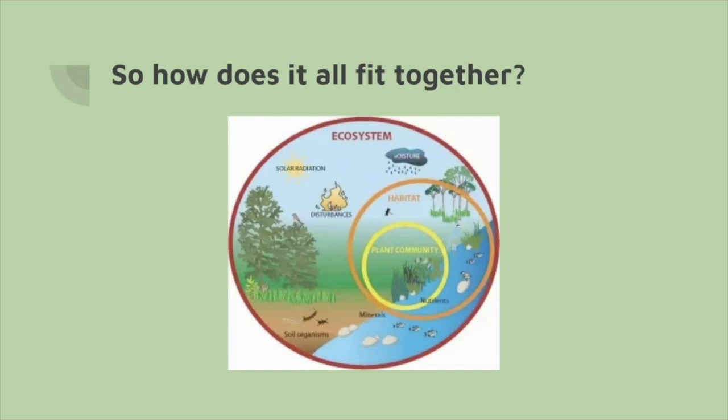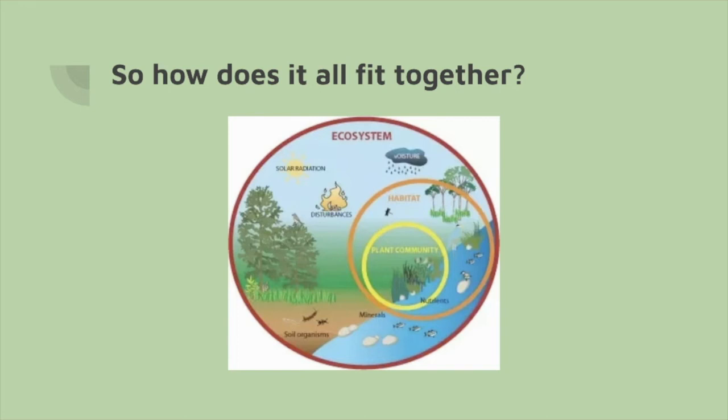So how does this all fit together? So we've talked about habitats, and we know that a habitat is a place where an individual plant or animal will live so that they can collect their resources and survive. And then we know that an ecosystem is made up of a bunch of different habitats combined with all of the non-living things that would be there, such as the rocks and the soil and the type of weather that you would encounter there.